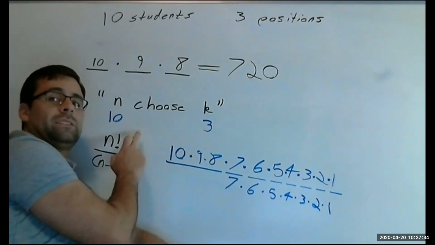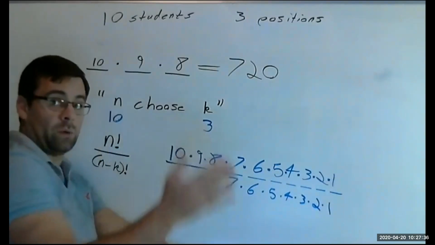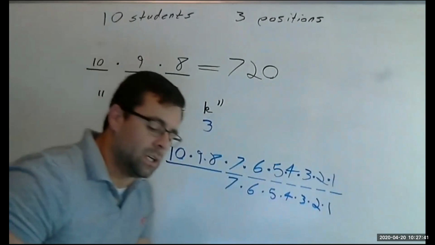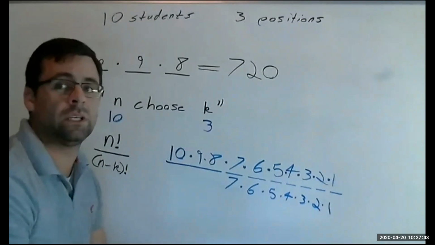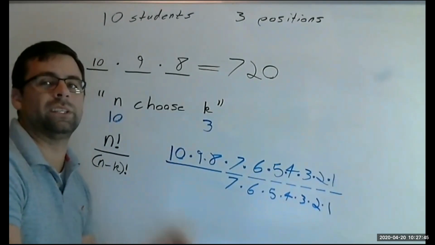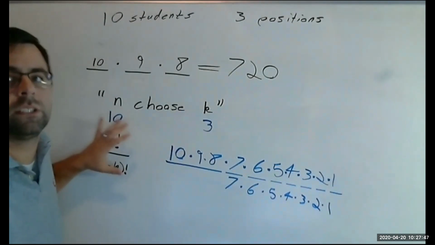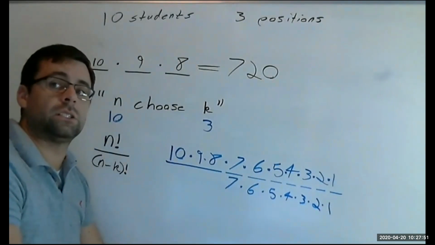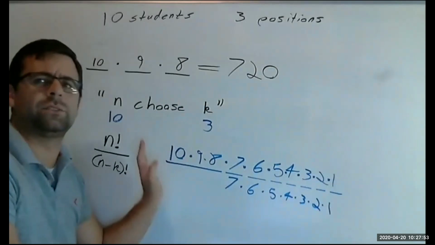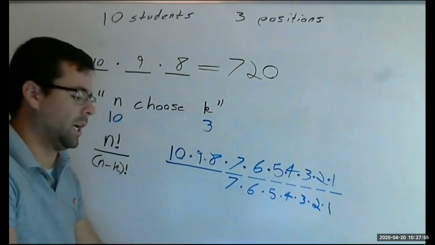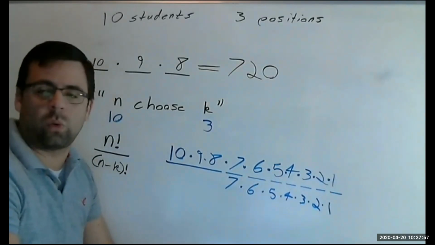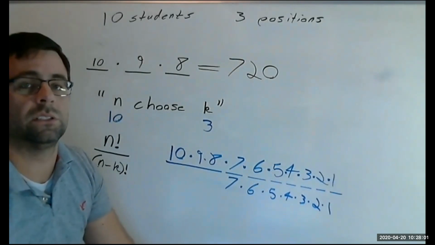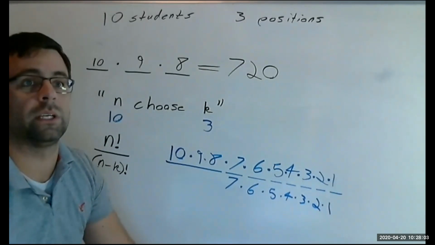So in this case, it's 10 down to not 7, but before 7. So this is the mathematical version of it, if that's the kind of thing you like. But if this is really weird and confusing, it's not quite necessary, but to me, it does clear things up a little bit.